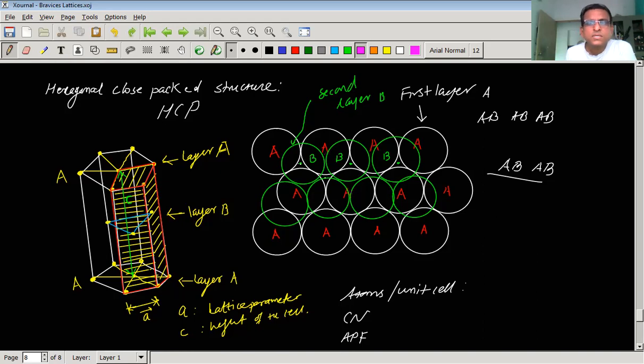So suppose this is the central atom. Around this atom we can have a hexagonal structure like this. You can see here.